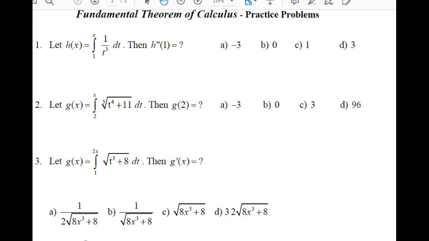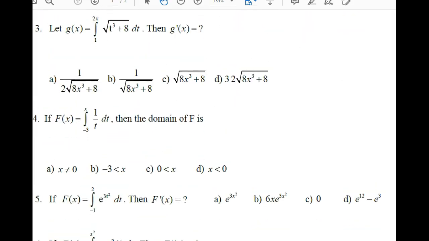So what did you get for the next one? You're given the original, so you take the derivative. You take the derivative of an integral, then you plug in the upper bound, and you have to multiply by the derivative of the upper bound.